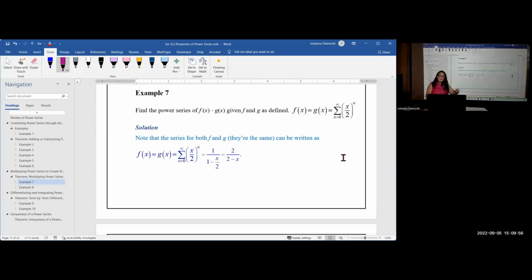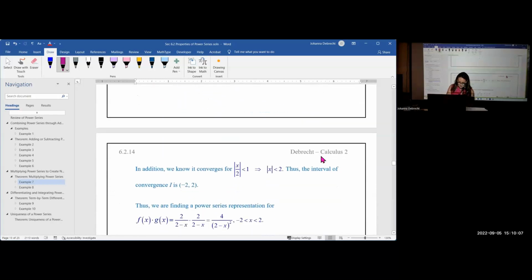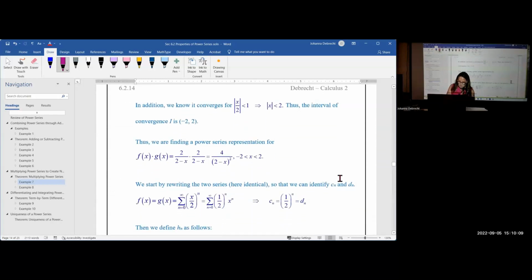So what we're looking at then is multiplying f and g together, where both f and g are 2 divided by 2 minus x. So they're both that function. And again, we know that it converges provided the substituted factor is less than the original interval of convergence 1, which gives us the magnitude less than 2. So this gives us the interval of convergence -2 to 2.